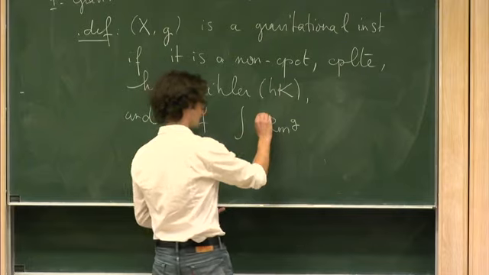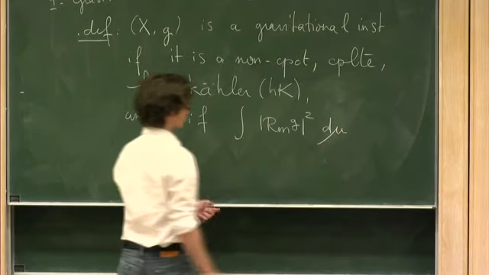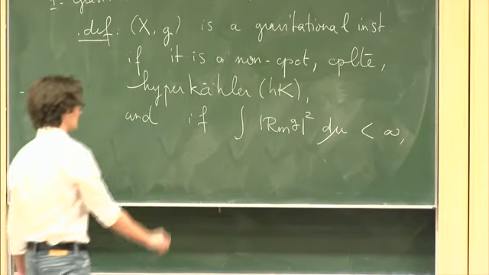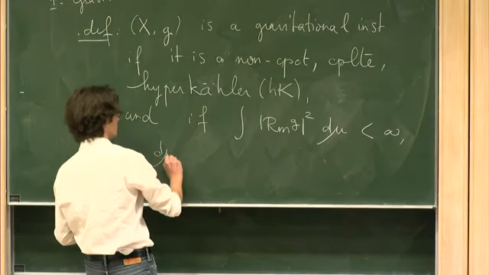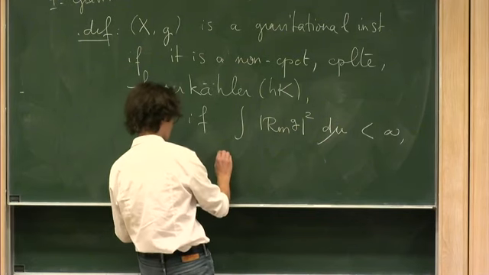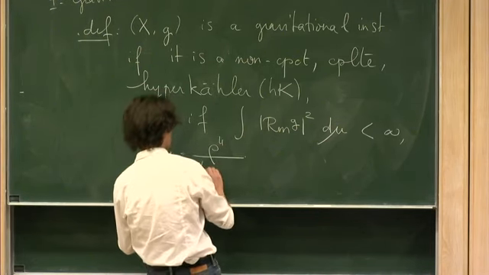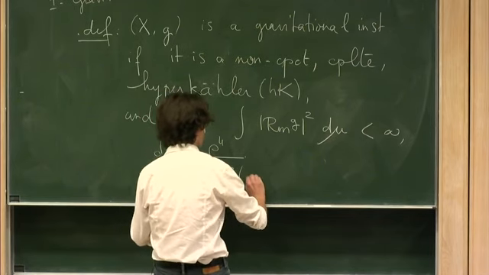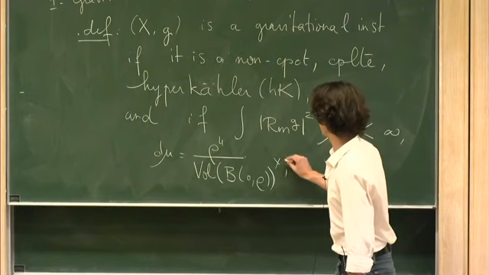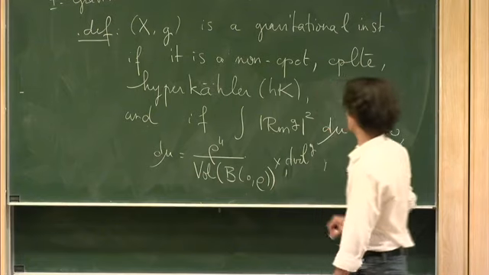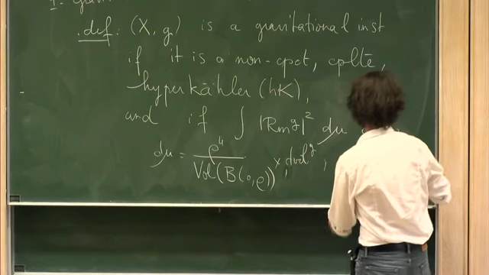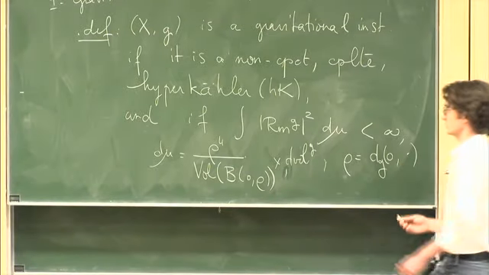Which I write this way, where d mu is not exactly the volume form attached to g, but some twisted volume form, times the volume, where rho here is the distance to a fixed point, which actually does not matter.